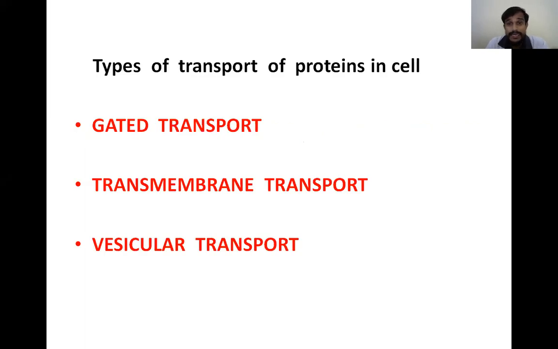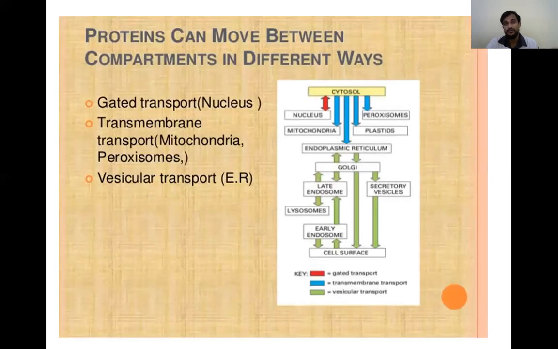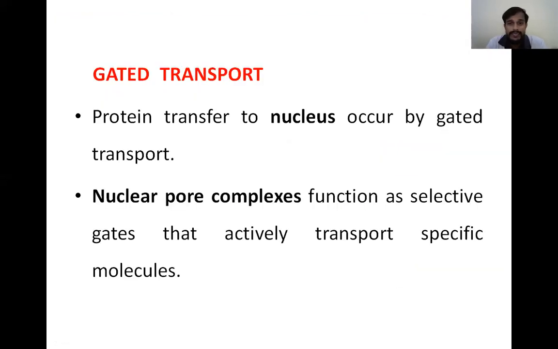So there are three types of transport of proteins in the cell: gated transport, transmembrane transport, and vesicular transport. So what is this gated transport? These are the three types of transport by which the different proteins are translocated to different organelles in the cell. So coming to the gated transport, the protein transfer to the nucleus occurs by this gated transport generally.